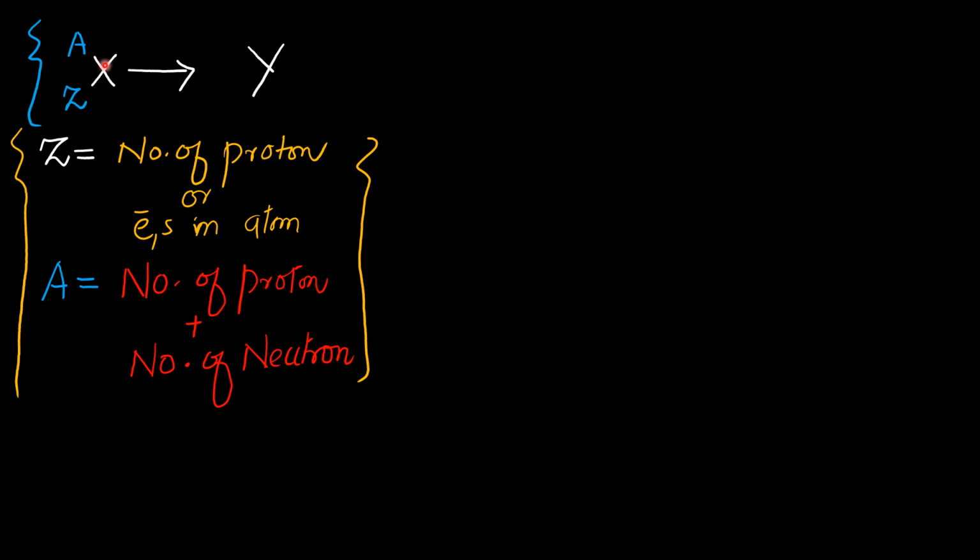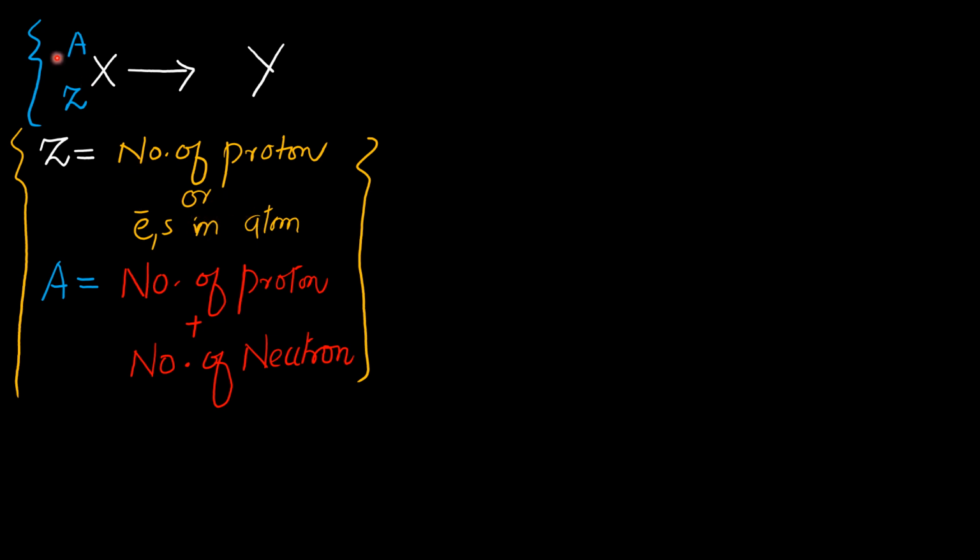So this parent nucleus will be converted into the stable daughter nucleus Y, and during the beta decay, a neutron of the parent atom is converted into a proton. As you know, the atomic number represents the number of protons or electrons.